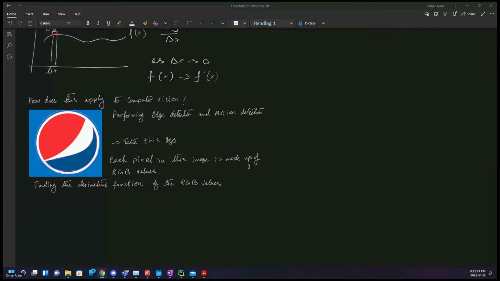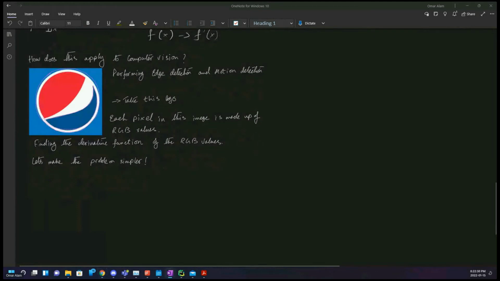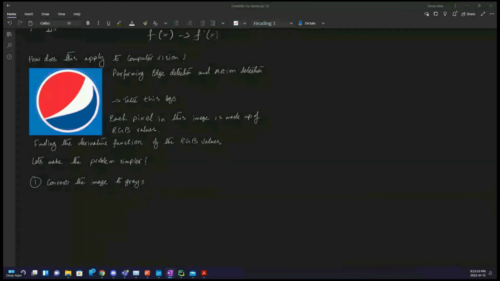And how do we do that? Well, one of the easiest cheats that we usually do is just to convert the image to grayscale. That's essentially what most people refer to as black and white.